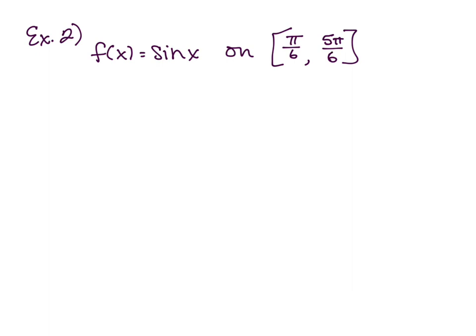Halvesies, it's more convenient than a normal number would be on a sine line, right? Okay, so just envision, we're going from pi over 6 to 5 pi over 6. 6 pi over 6 would be pi, right? So sine goes up through 0, and then by the time we get to pi, we're back down to 0. At pi over 2, it's up to 1, right? This is a sine curve.